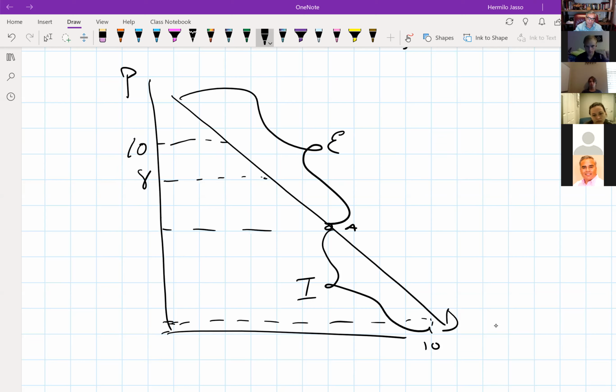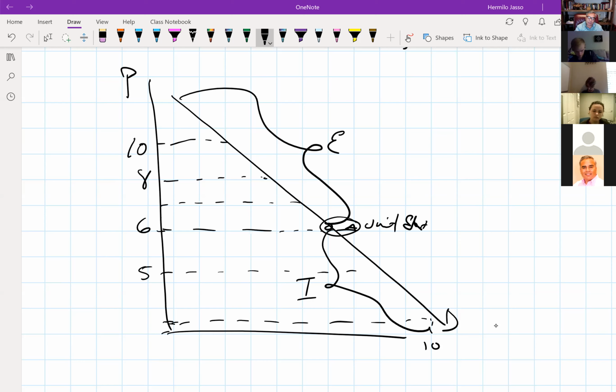I lower the price to 7. Then I lower the price to 6. What happened to my revenue when I lowered the price to 6? See, that's the unit elastic point. When I hit that point, my revenue stays the same. Well, what will happen if I lower the price below 6, let's say to 5?